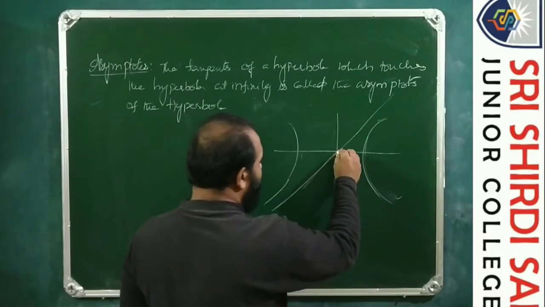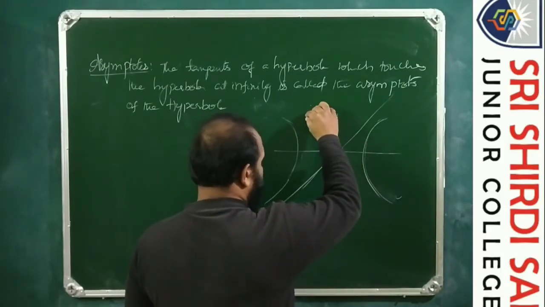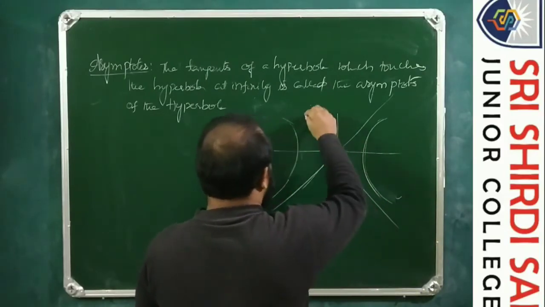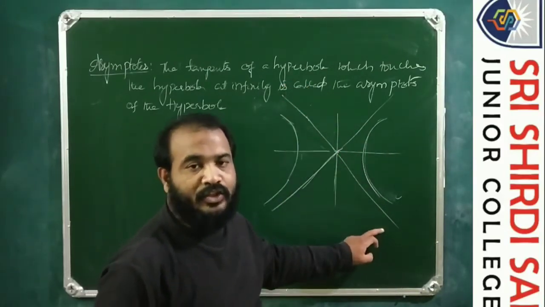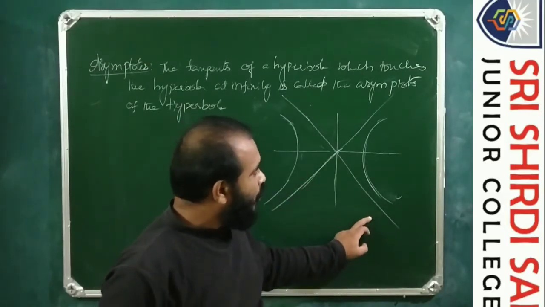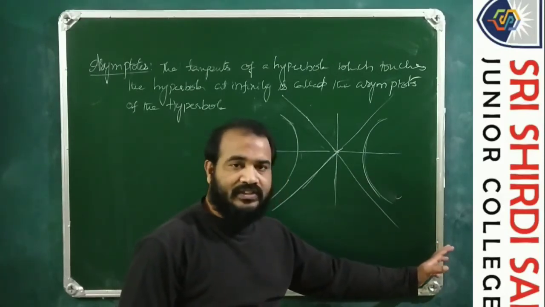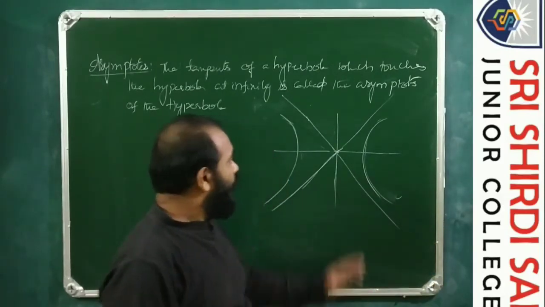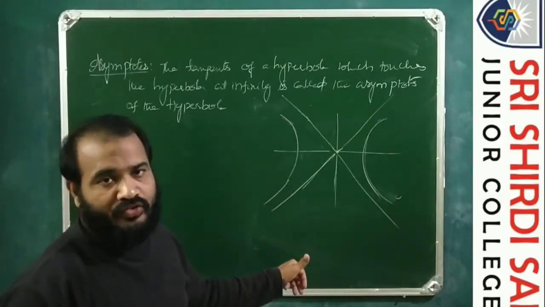The same thing is here also. So this is also said to be an asymptote, and this asymptote touches this hyperbola at one point which is at infinity. So these two lines are said to be the asymptotes.